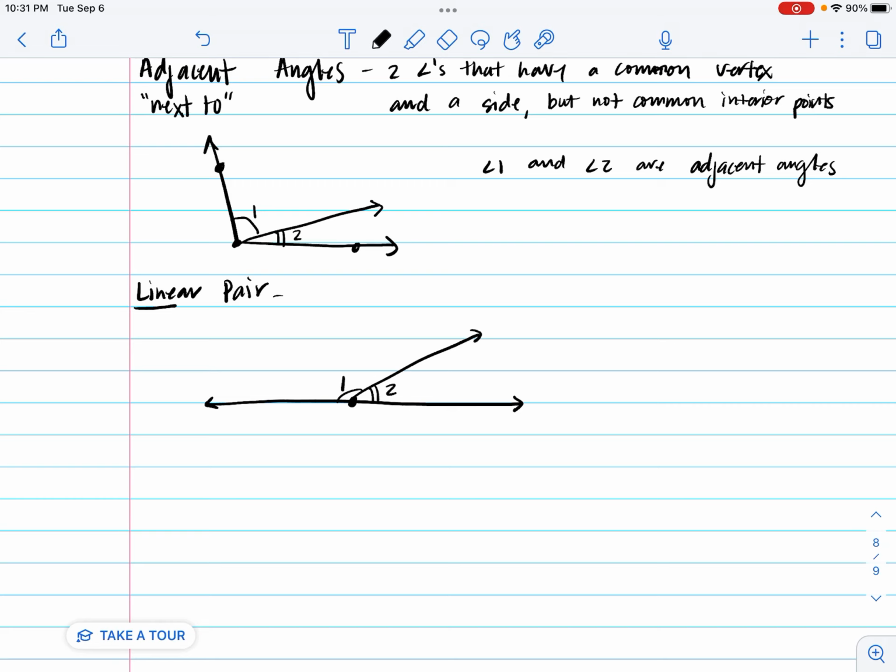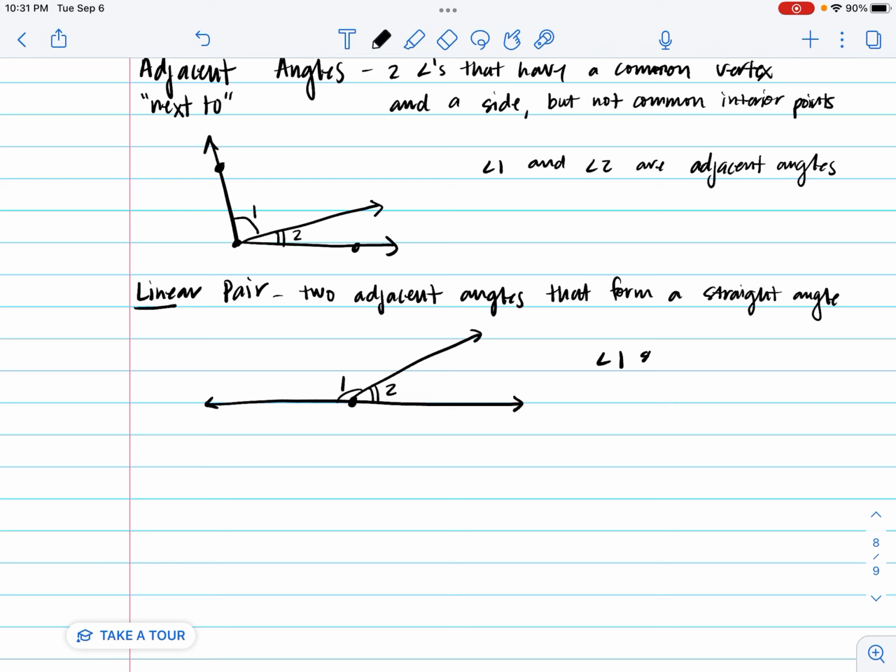A linear pair are literally two adjacent angles, so right away we're using our first definition, that form a straight line or straight angle. In other words, it just makes a line.